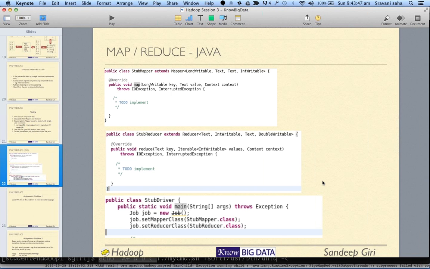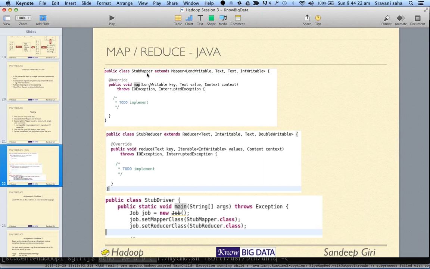So I'll try to explain to everybody. Unlike our Python job, where all we did was key values were separated by a tab, like any standard input, standard output kind of problem, and we stitched both things together immediately, here you require a little bit more programming and planning, and hence a little bit more code. First you define something like a stub mapper.